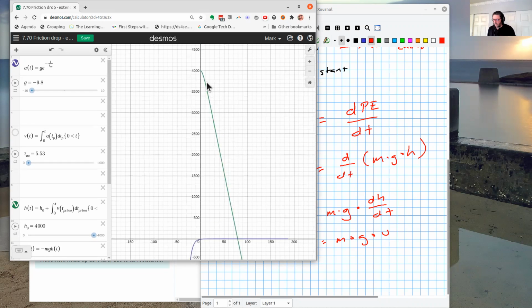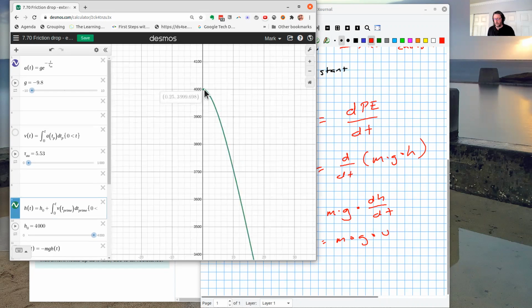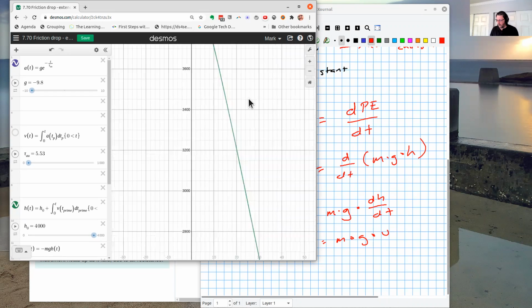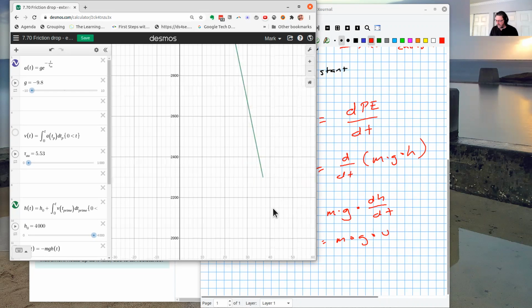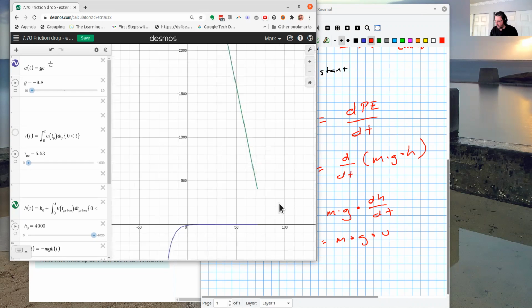You can see that right at the beginning, you have a nice parabola like we're used to seeing, but then it gets straight very quickly. The reason it's straight very quickly is because the velocity has stopped changing. So eventually, if you drop from 4,000 meters, it's going to hit the ground, and it looks like it's going to take something like 80 seconds to hit the ground from 4,000 meters. That number is something that I've put in in order to visualize the problem; the problem doesn't give us a height of 4,000 meters.